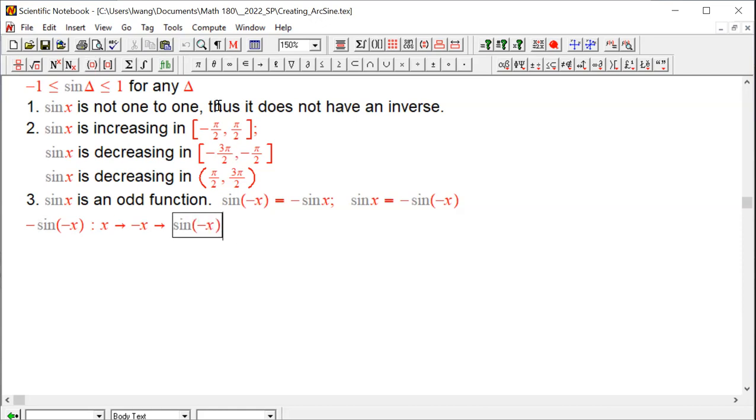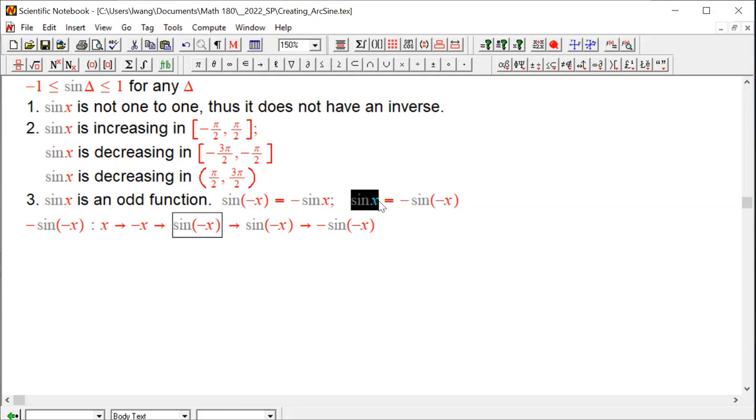So it produces sine of negative x, and afterwards, after we got the output, we put a negative sign, we found the opposite of it. This is the flow.